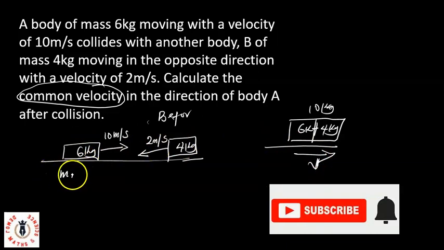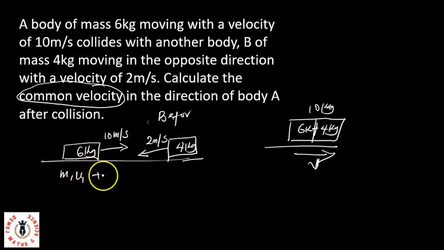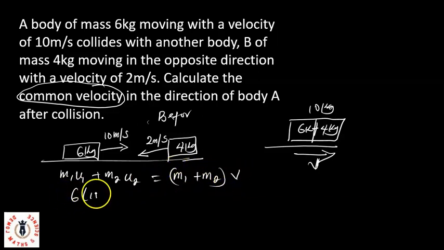Note that m1 u1 plus m2 u2 is equal to m1 plus m2 into v. So m1 is 6 into 10, that's the velocity, plus m2 which is 4. Note the velocity of the second body B before collision is in the opposite direction, so this is minus 2 meters per second.